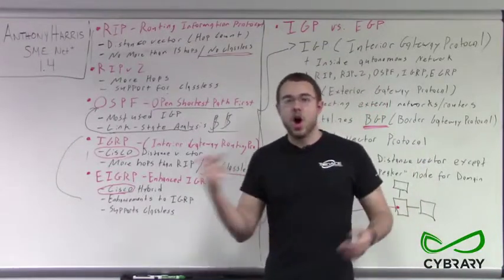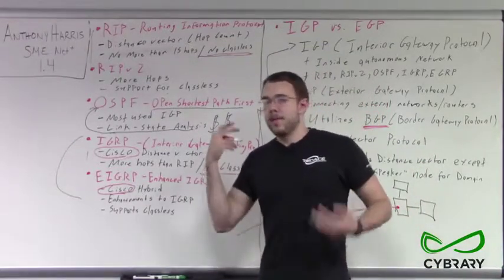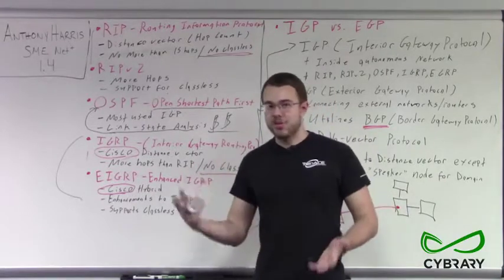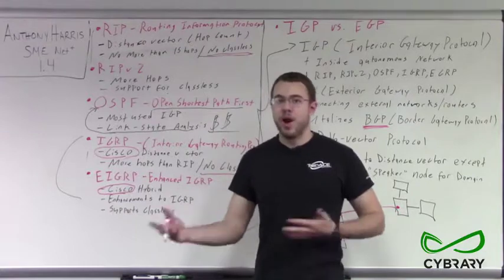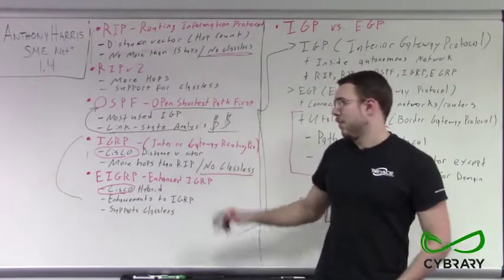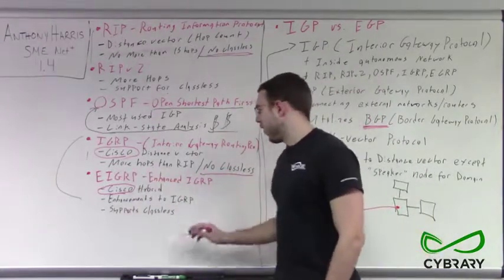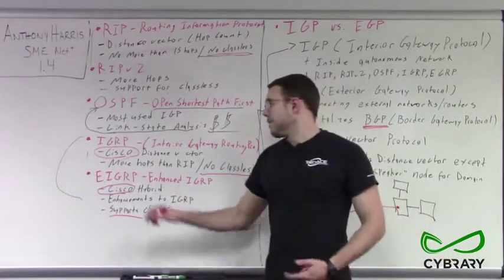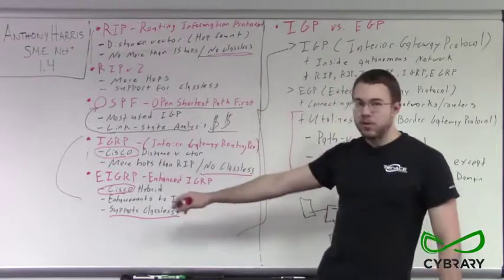So it also uses cost-based analysis, and it uses a combination of hop count and cost to each link in order to determine which routes are the best. So our eIGRP is also going to be able to support classless. Yay! So that's going to be our 5 routing protocols.